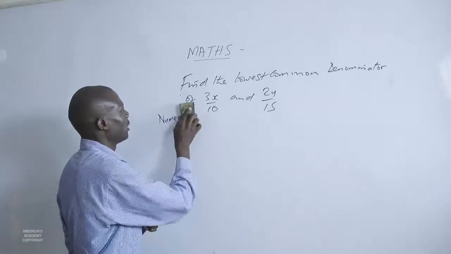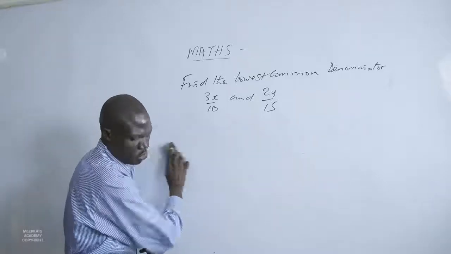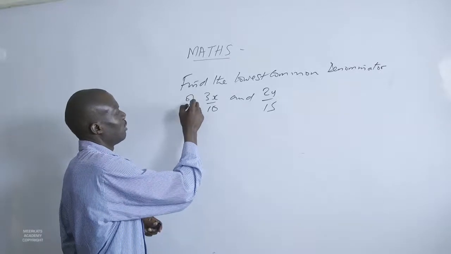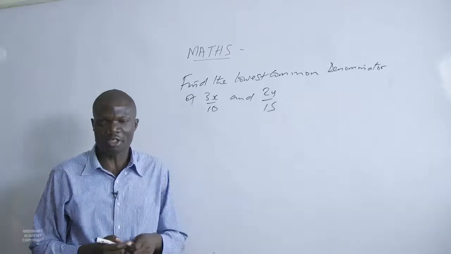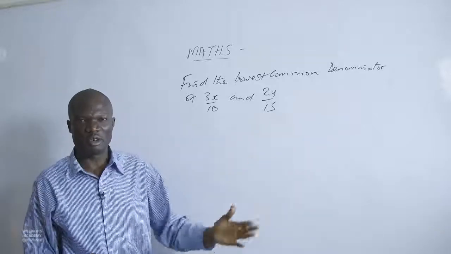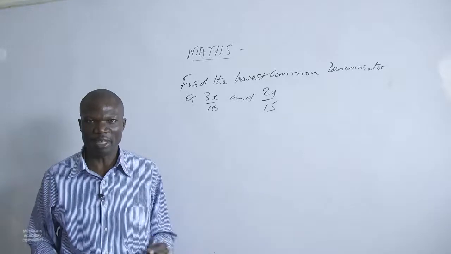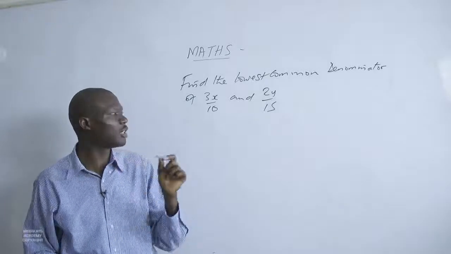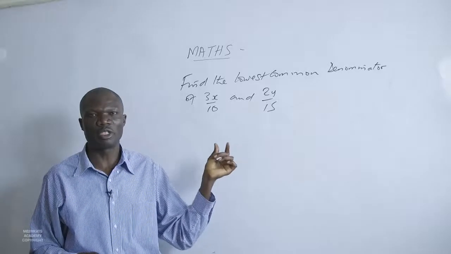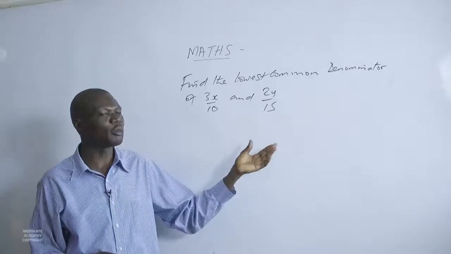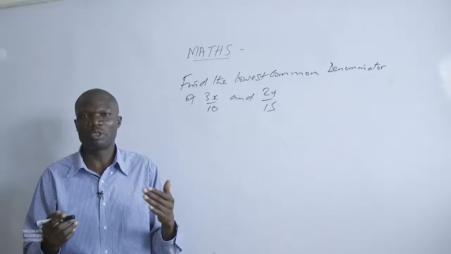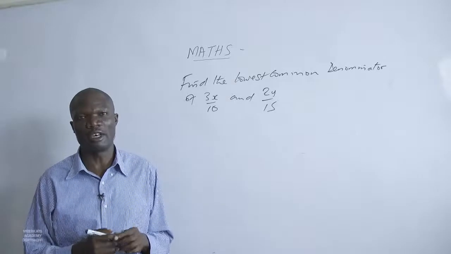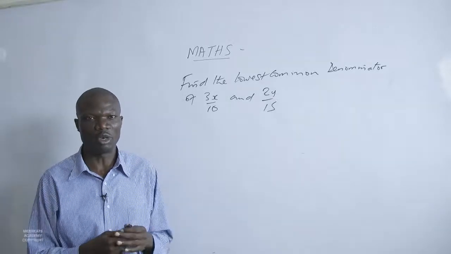In this particular case, our interest is between 10 and 15. Sometimes there is an easier way of finding it by multiplying, but that is not always the right one. We first need to list all the multiples of 10 and then the multiples of 15 and see which one is the least. When you have identified which one is the least, that is what we are going to apply as we work this out.